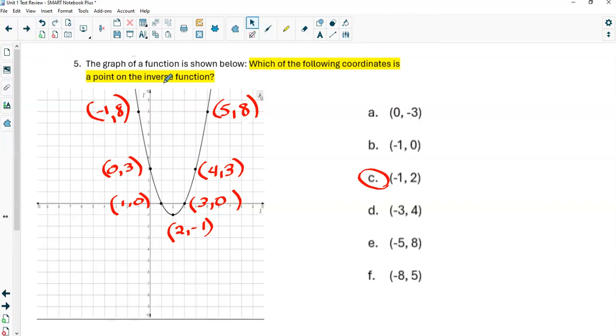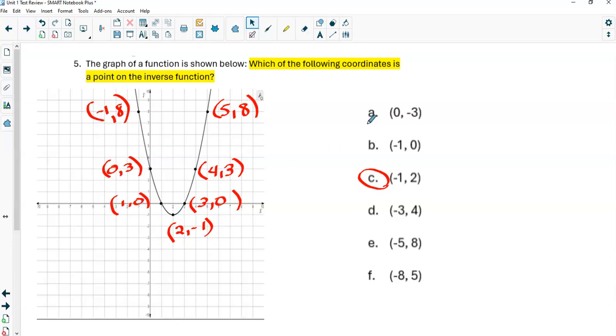Number 5, oh, I already had it here. I'm sorry. What you have to do, it says the graph of a function is shown below. Which of the following coordinates is a point on the inverse function? Remember the table switch. So what I would do is those points right here, I would put the values, right? And notice negative 1, 8, 0, 3, 1, 0.